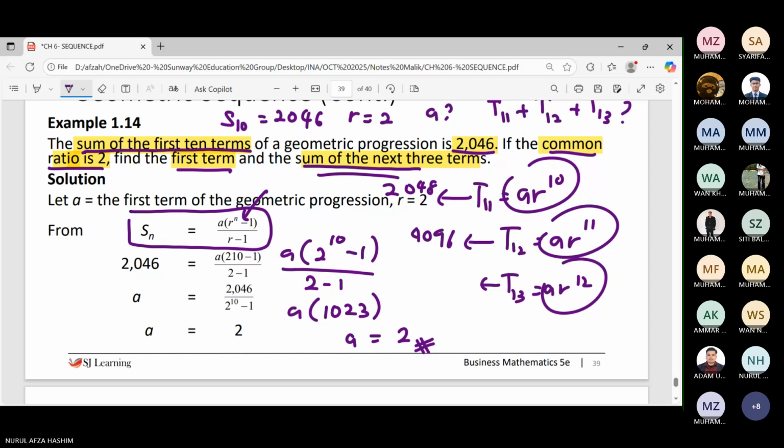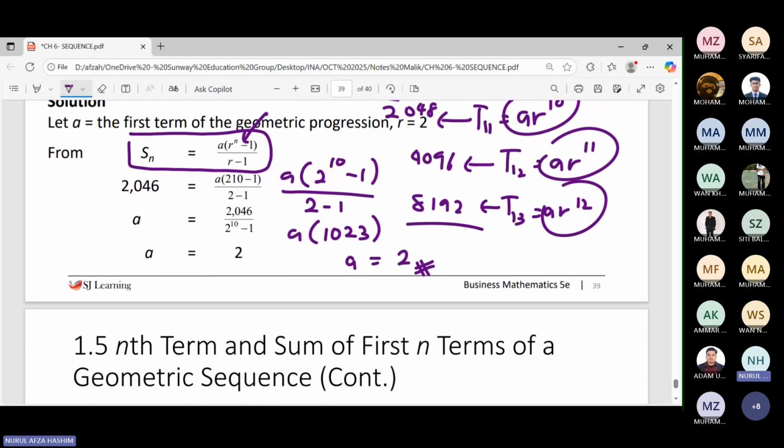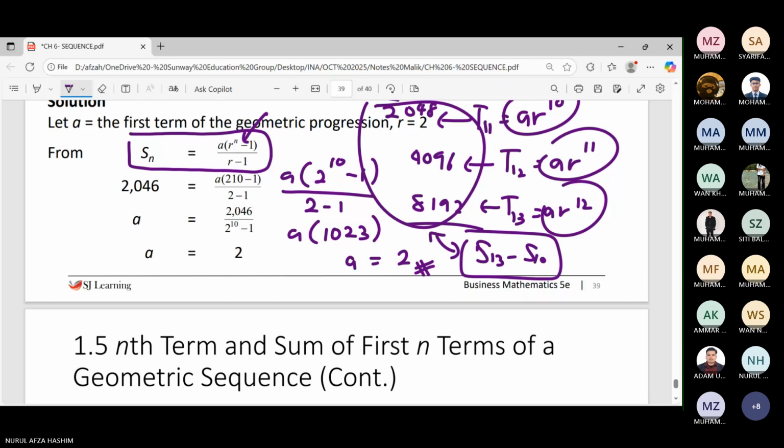Can? Can, madam. 8192. Then you plus. Or you can use S13 minus S10. You will get the same answer when you plus the 3 of these. S10 is already given to you, 2046, right? You find S13. So S13 minus S10.